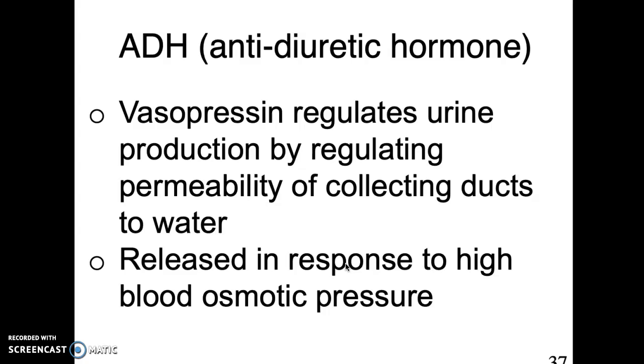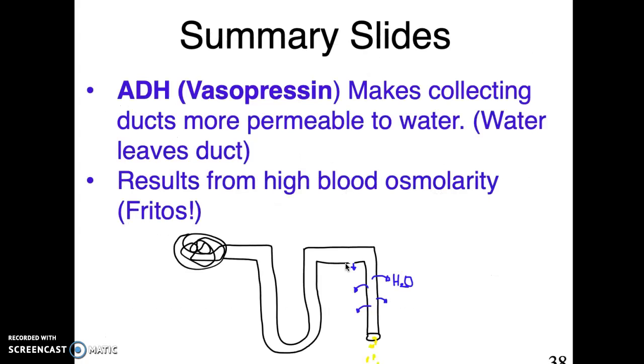To water. So the collecting duct has a certain permeability, and you're going to alter that, and it's released in response to high blood osmotic pressure, right? You just ate a bunch of salt. So the blood osmotic pressure just went up. So imagine here, vasopressin makes collecting ducts more permeable to water, right?